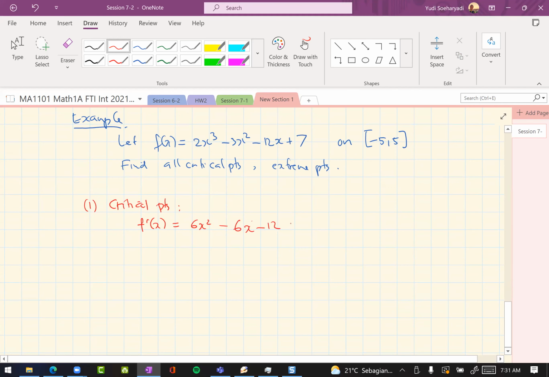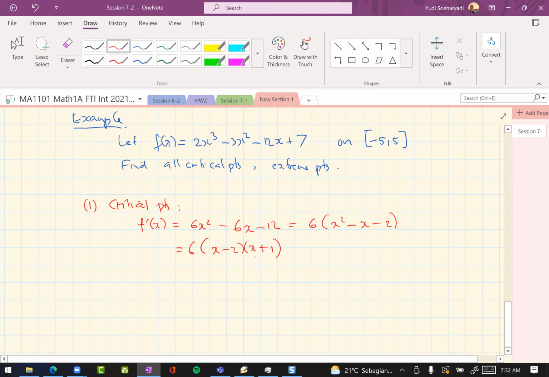So we can factor this out, take the 6 out, and let's see what's left: x^2 - x - 2. And this factors to (x - 2)(x + 1).